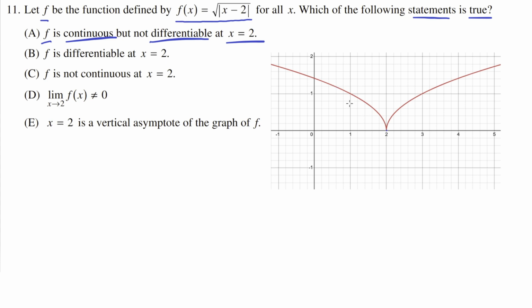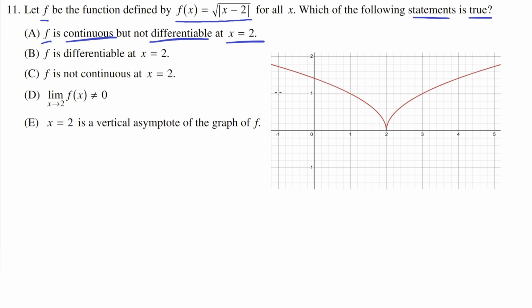So that means that this entire graph is continuous. So x equals 2 is also continuous because the left and right hand limits both approach the same point as we get closer to x equals 2.